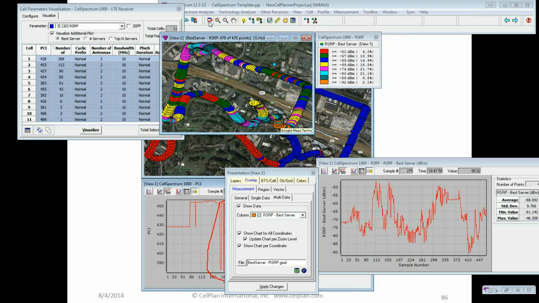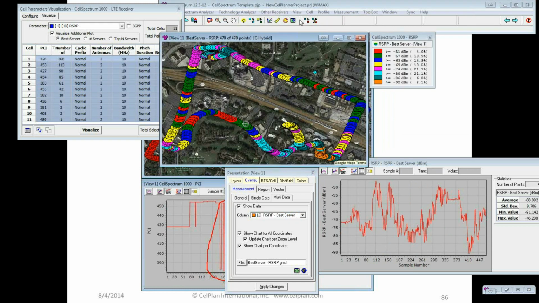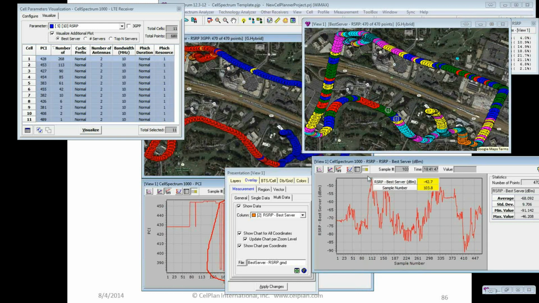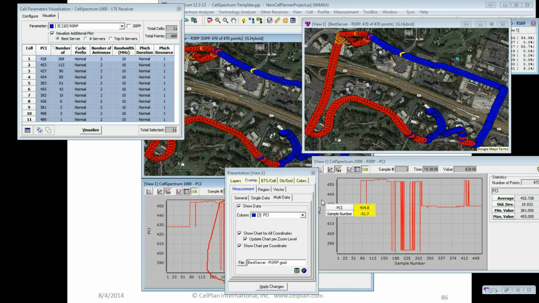I will enlarge the screen. So I have the screen here, and now I can drive test, and you can see that I am moving along the drive test route, so I can analyze. So I want to see the PCI. So now I can see the PCI here.